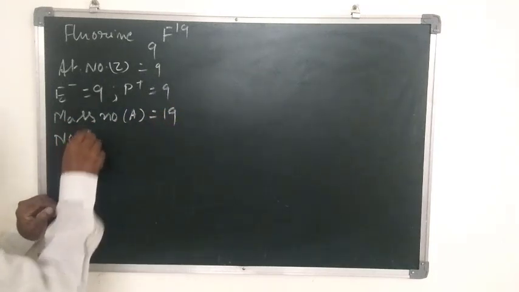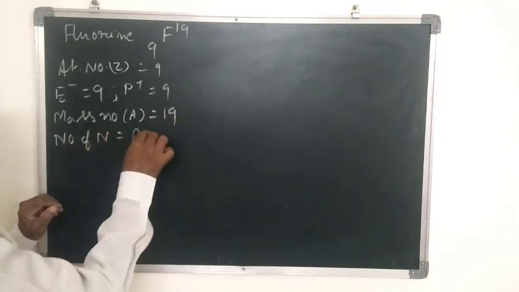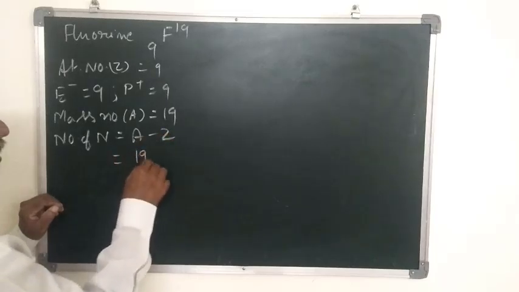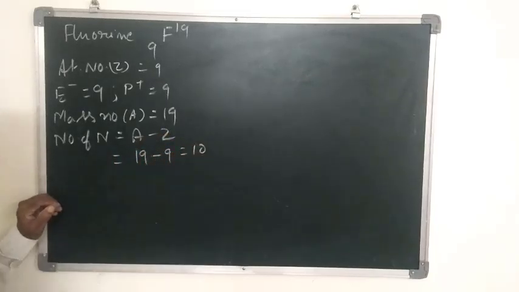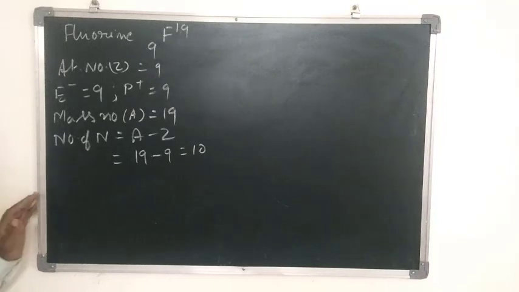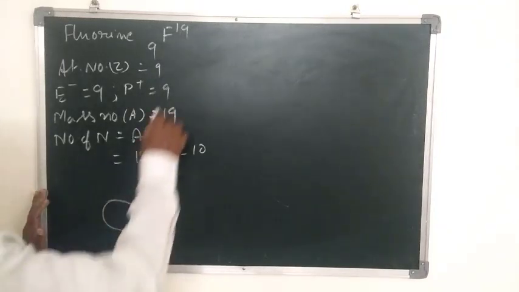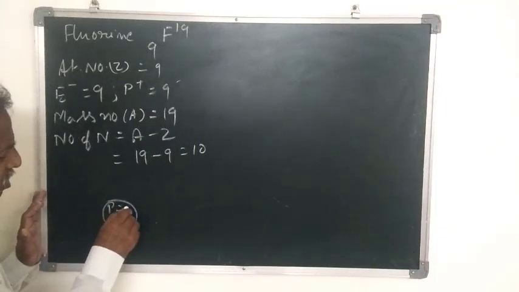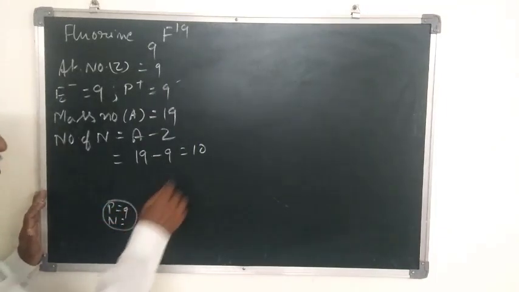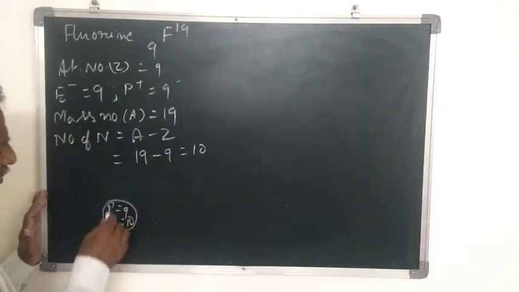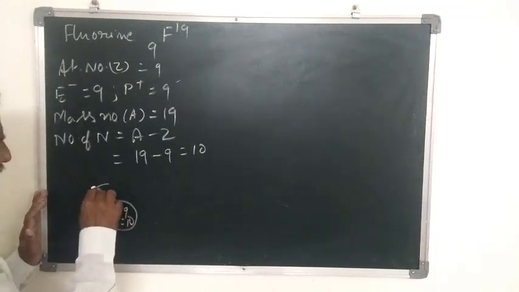Number of neutrons equals A minus Z, 19 minus 9 equals 10. Right. Now electron picture. So nucleus of fluorine atom: number of protons 9, number of neutrons 10.